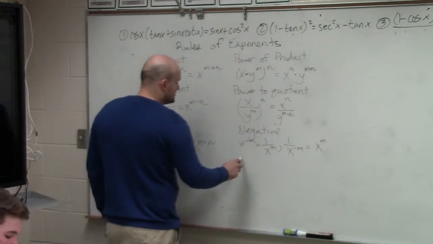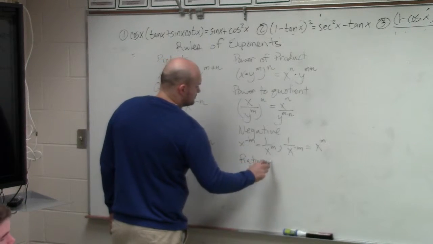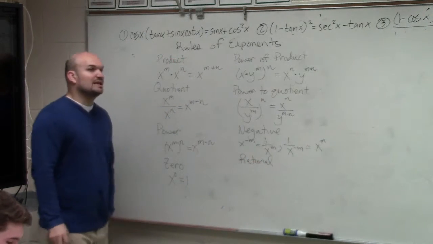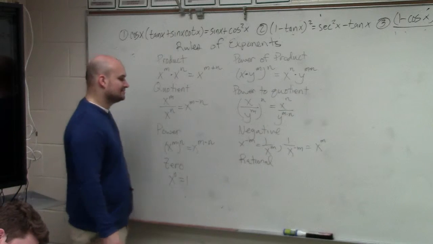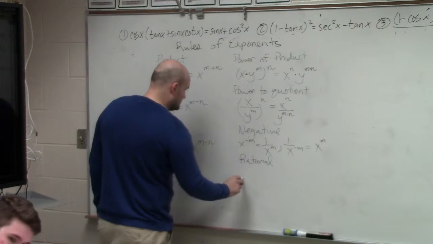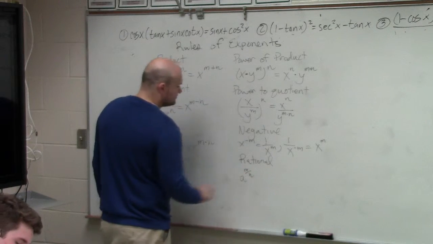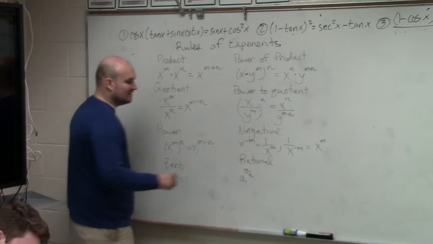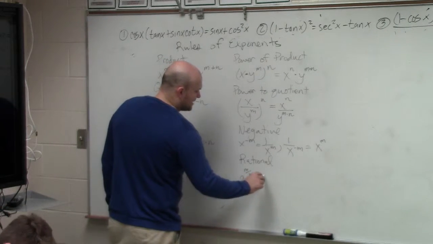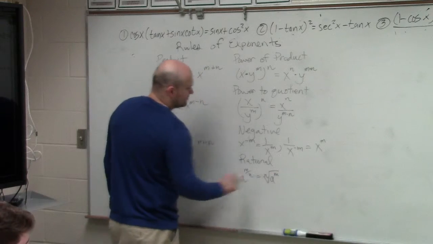Now we're going to get into the rational power rule, the last one of your rules of exponents. If you have a to the m over n, that's the same thing as the nth root of a to the m.